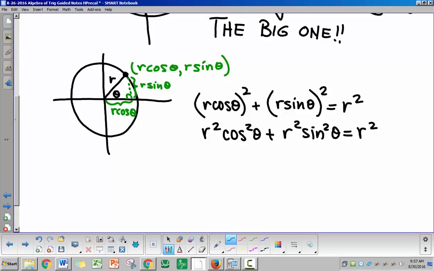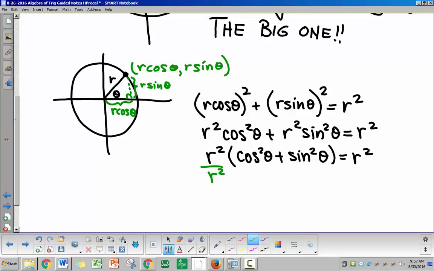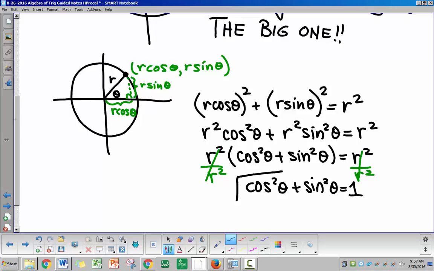Then take the R squared out, and we get R squared times cosine squared theta plus sine squared theta equals R squared. Divide by R squared, and these cancel, and we're left again with cosine squared theta plus sine squared theta equals 1. So guess what? Does it matter what circle you're on?